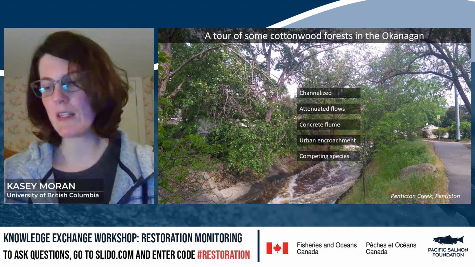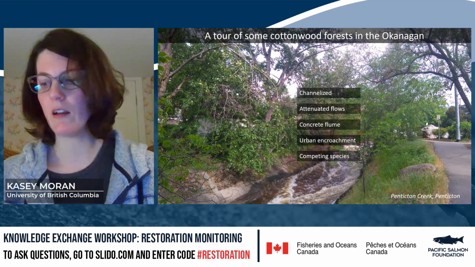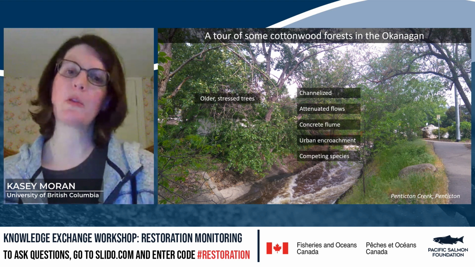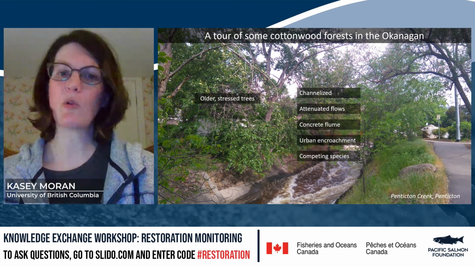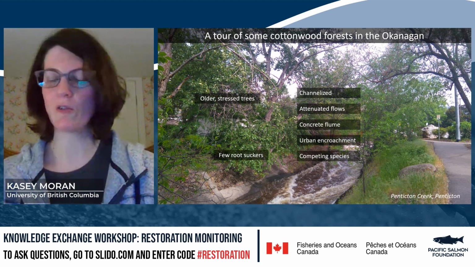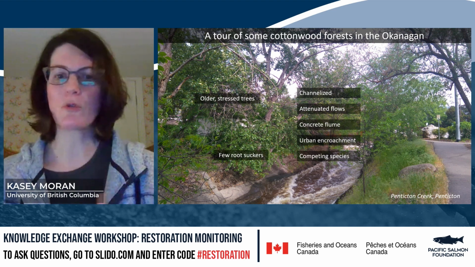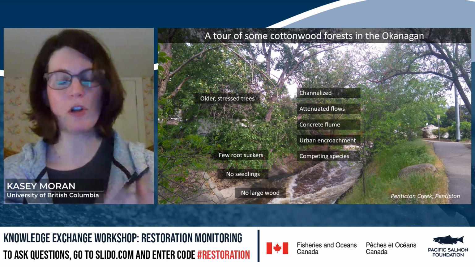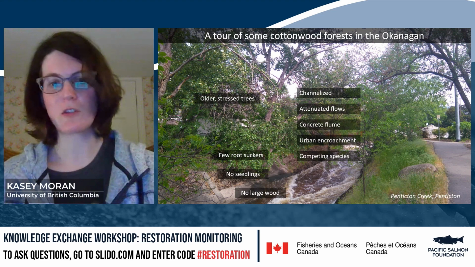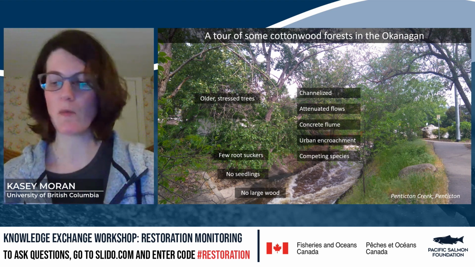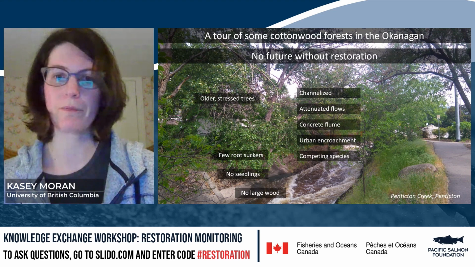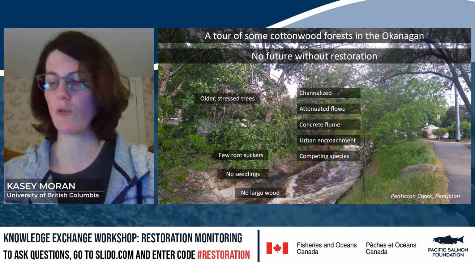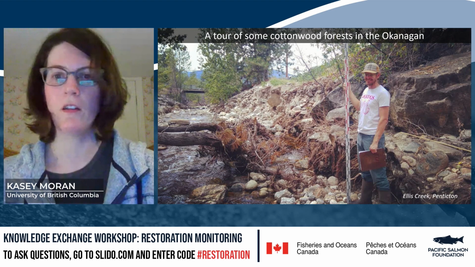There's competing species, including invasives like Siberian elm. And so what we end up with is somewhat older, but very stressed out looking trees, a couple of root suckers if you're lucky, absolutely no seedling recruitment, and no large wood, because any wood that falls into the stream has to be removed to prevent damage to downstream infrastructure. So with this type of stream, there's no future for cottonwood without restoration.